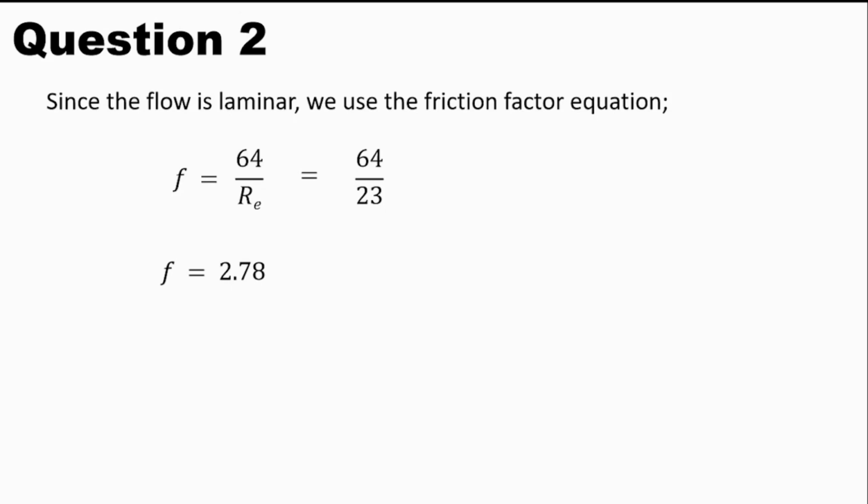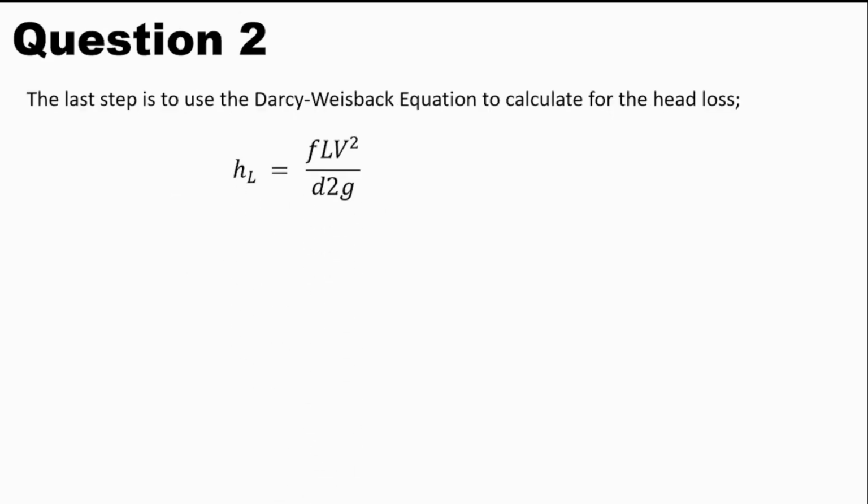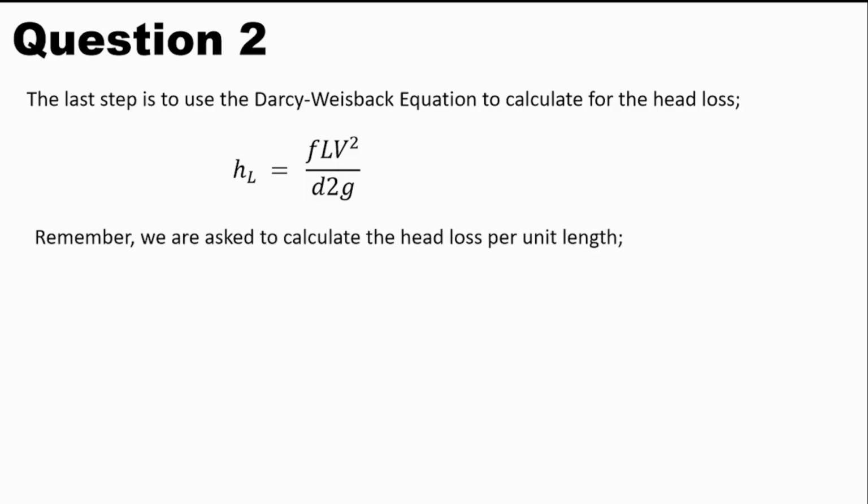So the last step is to find the head loss. Again, we use the Darcy-Weisbach equation, which is the friction factor times the length of the pipe times the fluid velocity squared over the pipe diameter times 2 times the acceleration due to gravity. Now, remember, we are asked to find the head loss per unit length.